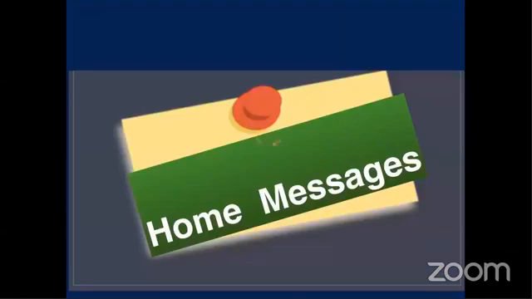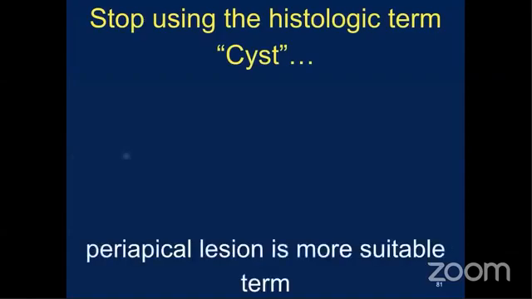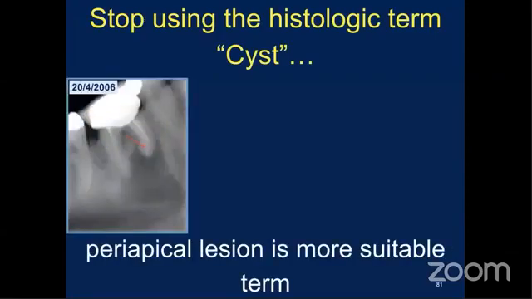I have 6 take-home messages before leaving. First, dear colleagues, please stop using the term cyst. We have to change it into periapical lesion because the term periapical lesion is more suitable.